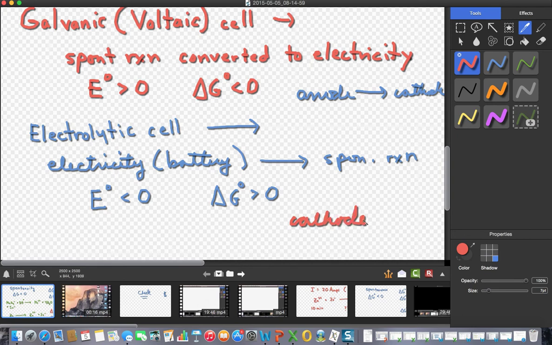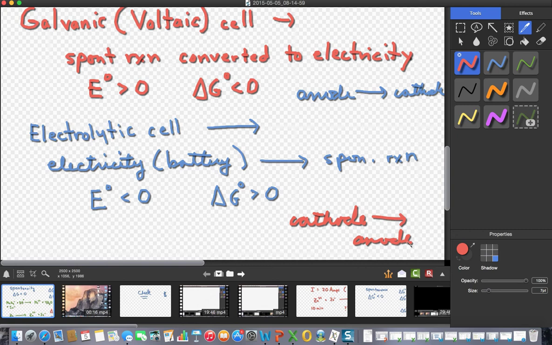It flows from the cathode to the anode. In both cells, the oxidation occurs at the anode. In both cells, the reduction occurs at the cathode. There is no difference in that regard. But the direction of flow of the electrons in the cells is different and should be noted.